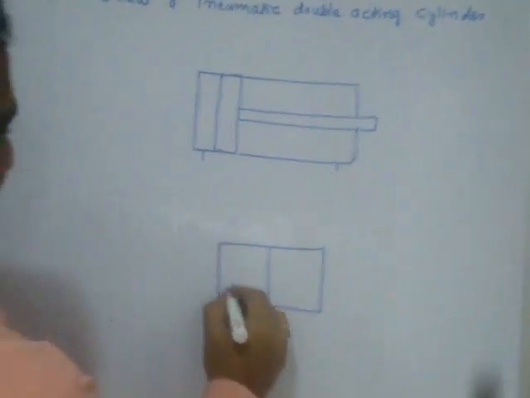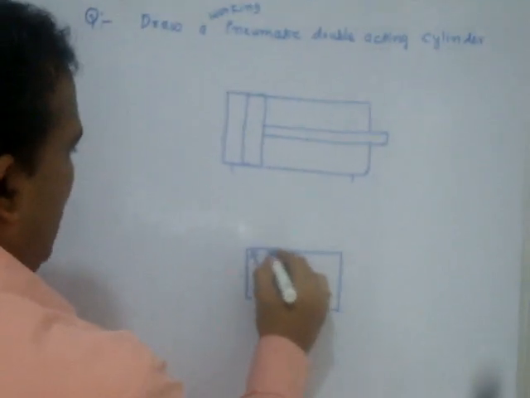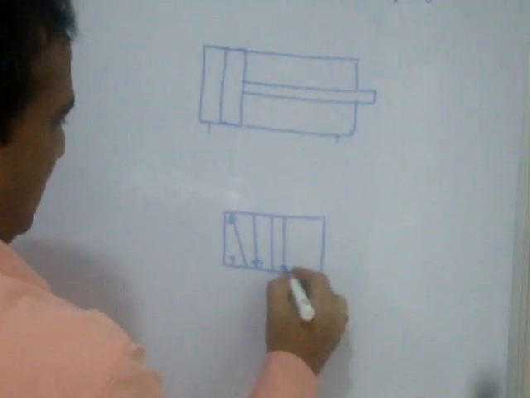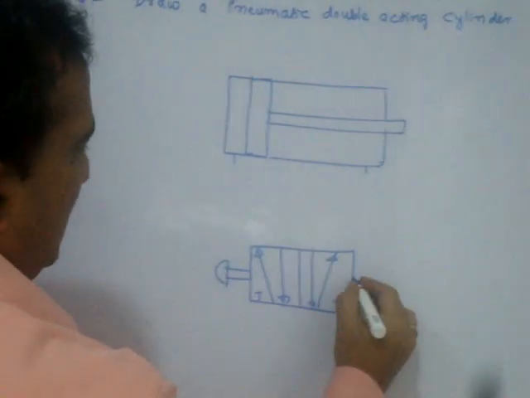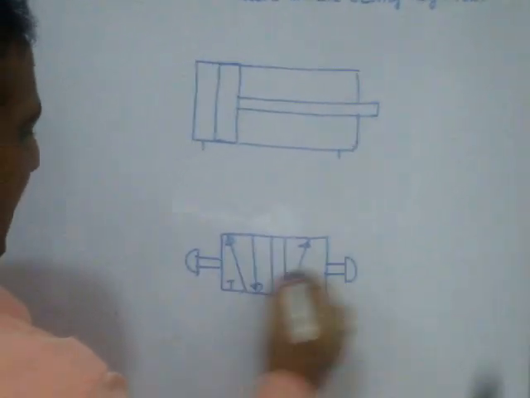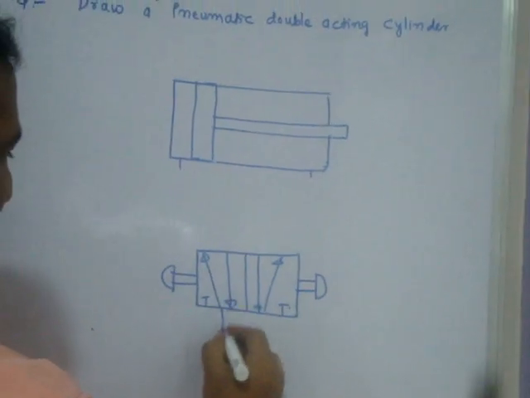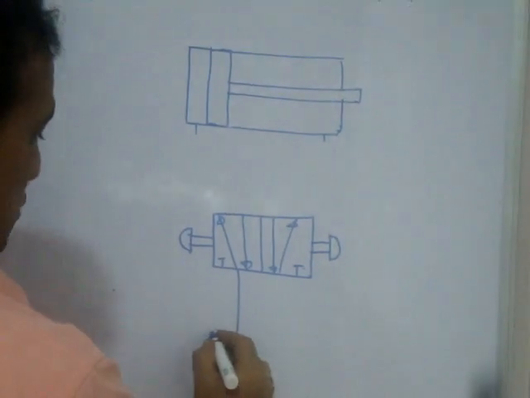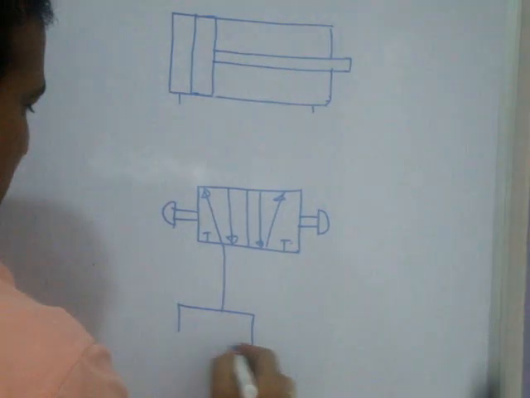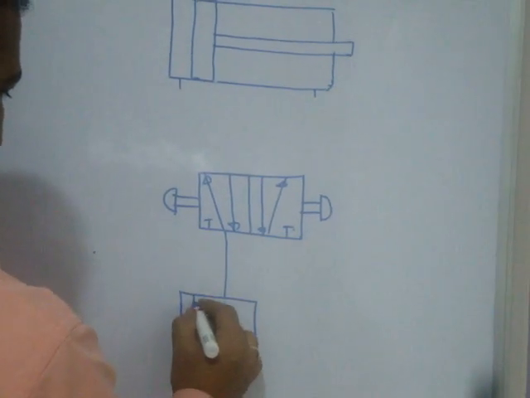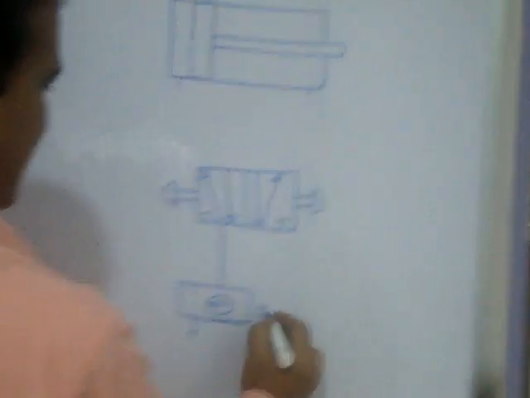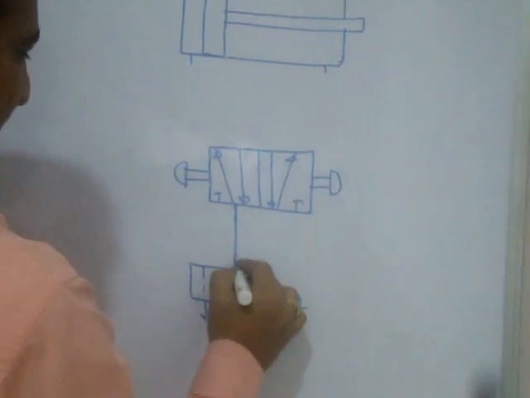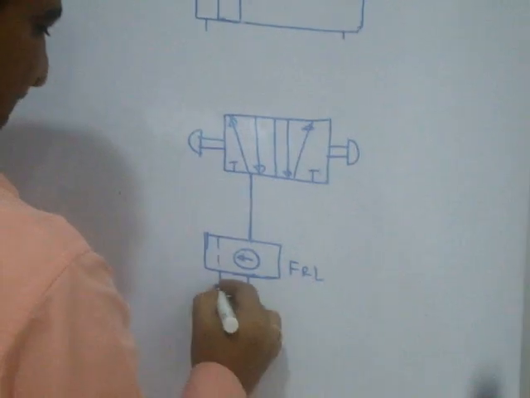Now this is 5 ports, and here push buttons. Otherwise I'll press manually. Here I'll give the supply. Suppose there is an FRL unit, this is required to filter, regulate the pressure and lubricate.